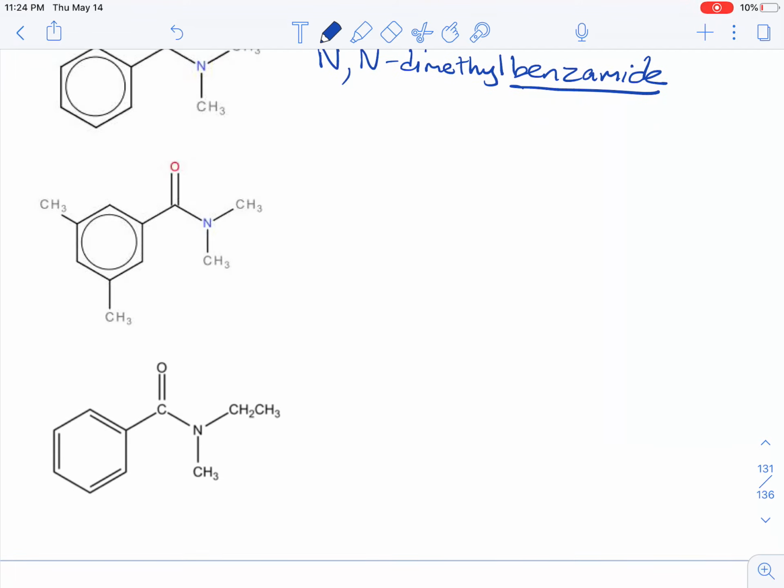And then for this one over here, the second one, the answer is going to be N,N-dimethyl. So that will, stating this will finish this and this. And so here I have two substituents on the benzene ring. So this is carbon 1, 2, 3, 4, 5. So it looks like I have a 3-methyl and a 5-methyl. So then I have to put dash 3,5-dimethyl.